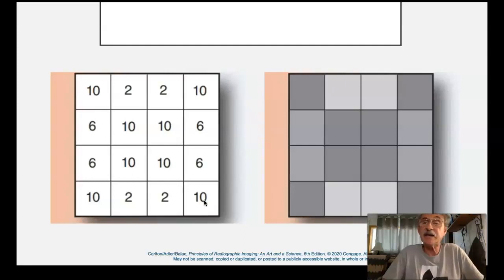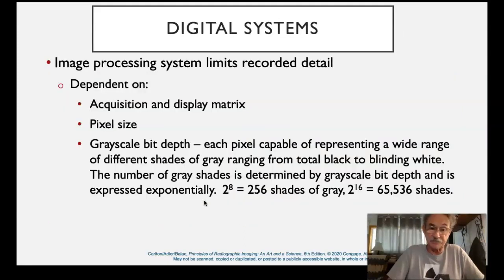Looking at the grayscale image next to it, can you see that all of the 10s are the same grayscale? All of the 2s and all of the 6s are the same grayscale, corresponding with one another. These are the values that would be uploaded during the image processing portion of the digital image, and this is what combines to give us the final resultant image.